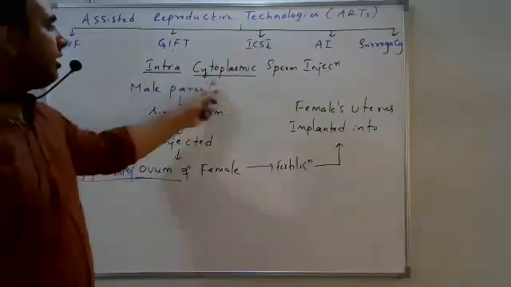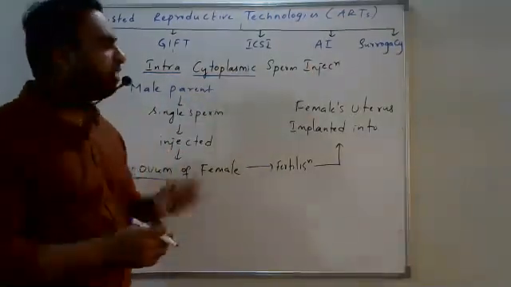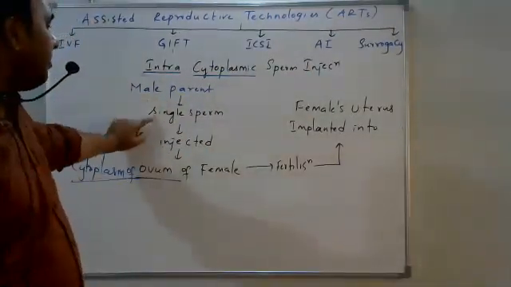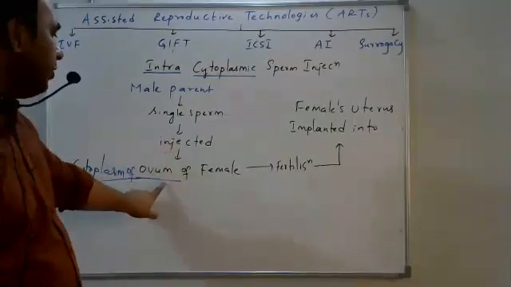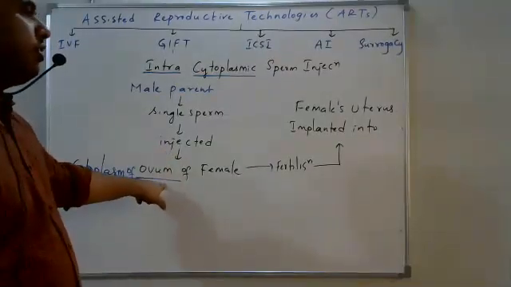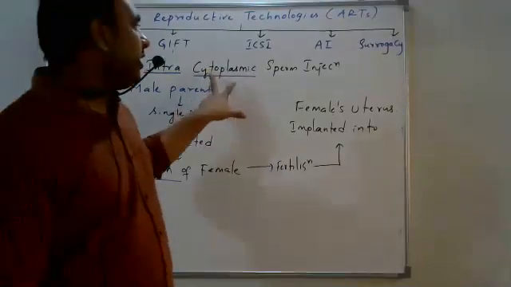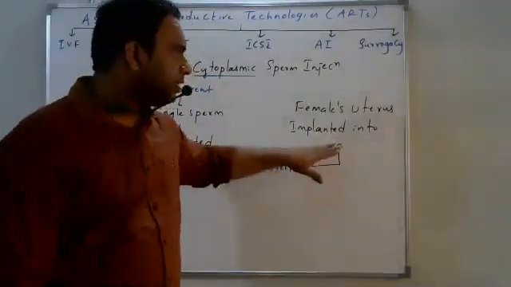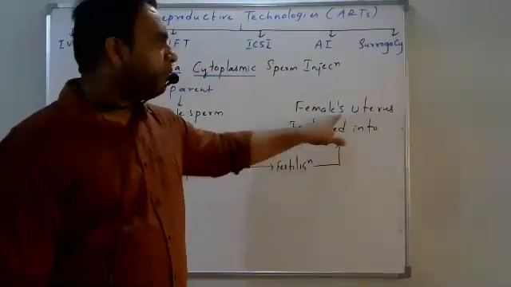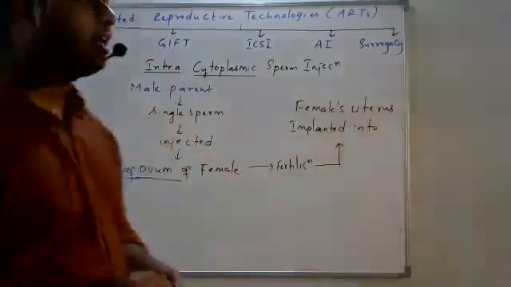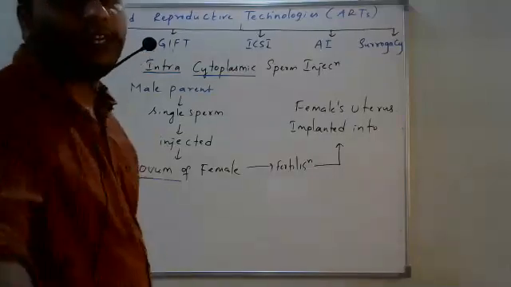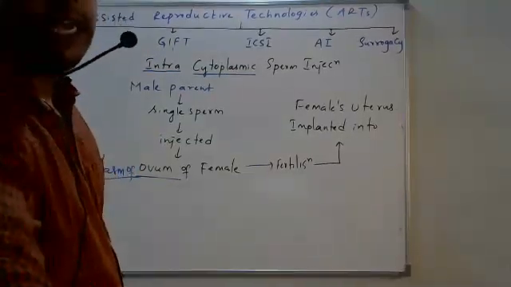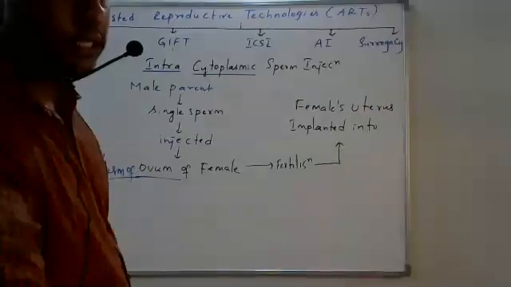So intracytoplasmic sperm injection. Very simple method. From the male parent, a single sperm is collected and injected into the cytoplasm of the ovum. After the fertilization process, that embryo is directly implanted into the female's uterus. So I think you have understood this method.